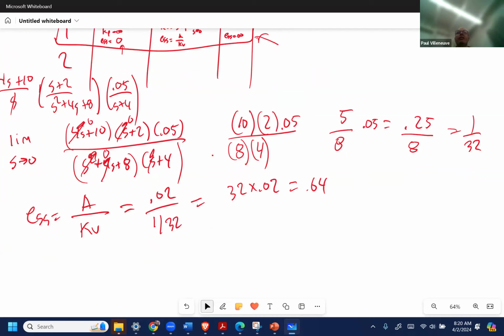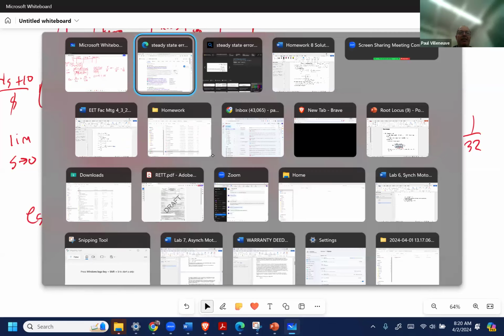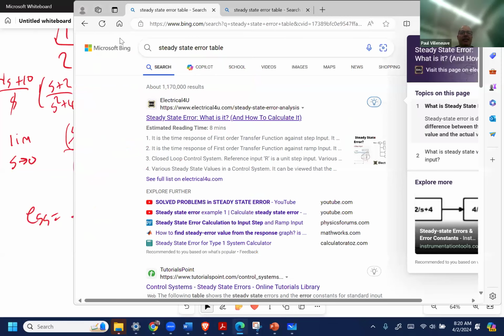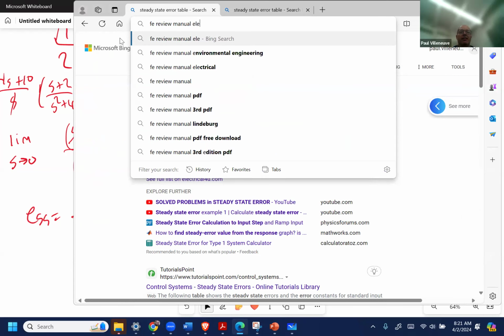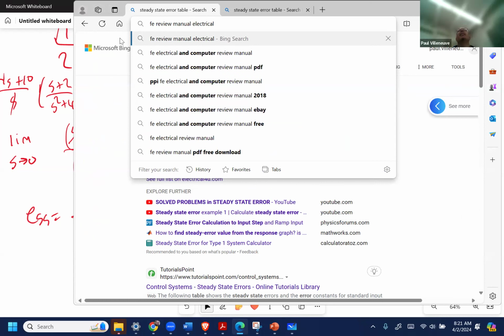And if you remember, before, I think it was before break, we actually brought up the FE review manual, right? And we could kind of thumb through to look for controls. And that's what I said. Let's just put steady state error.